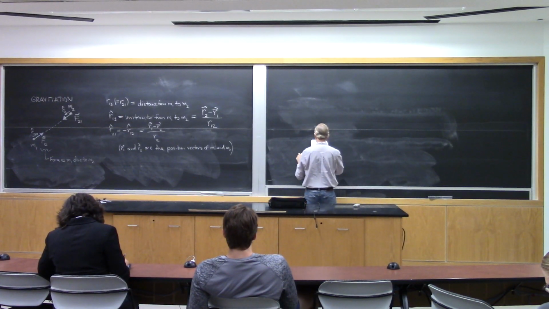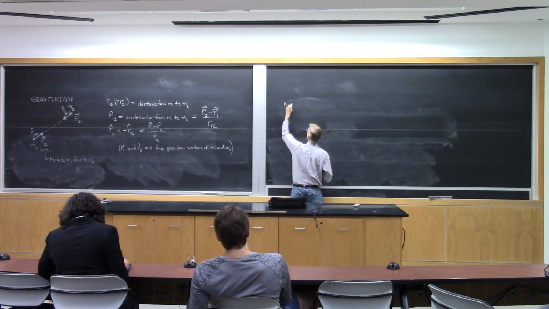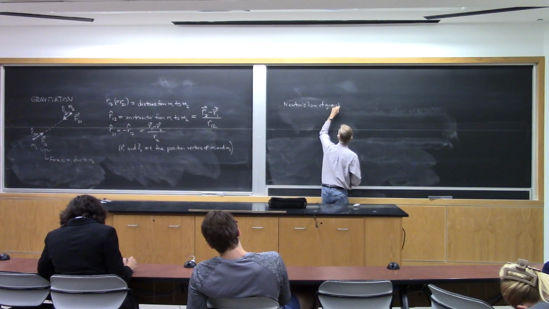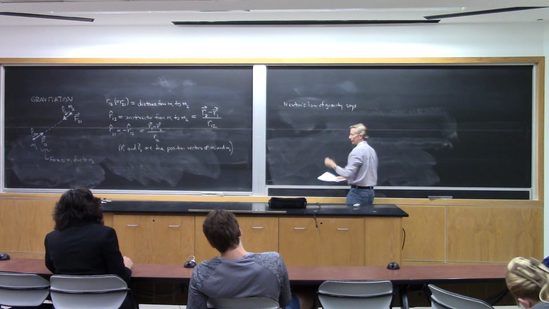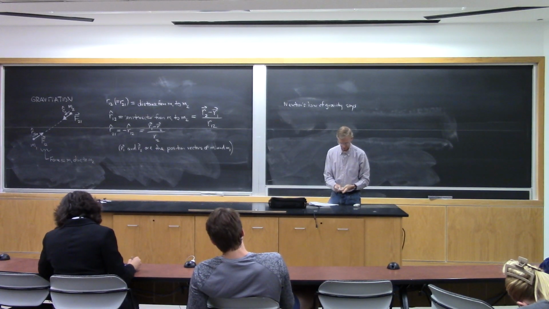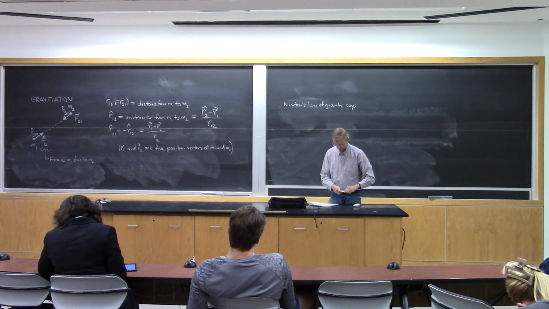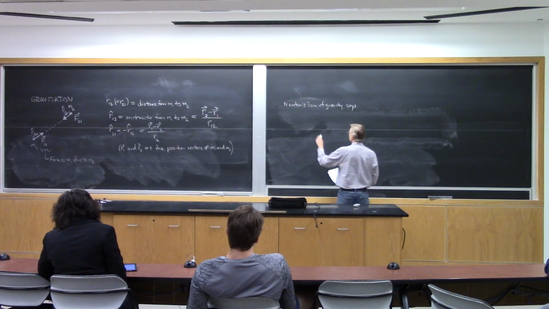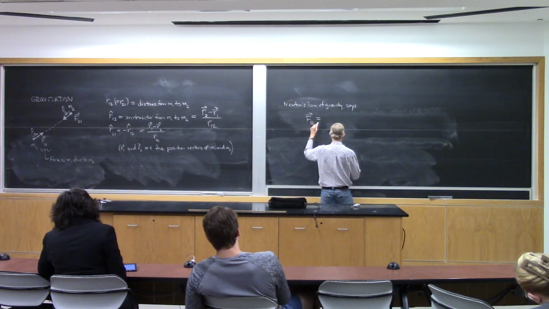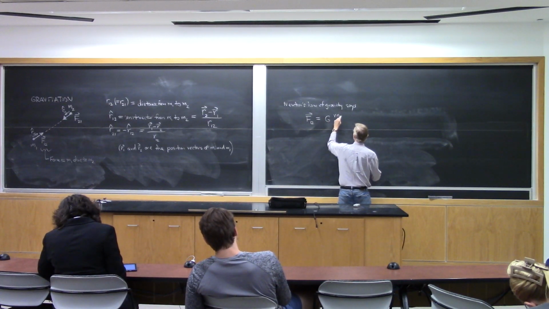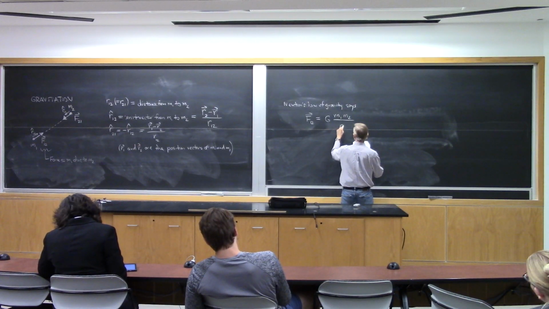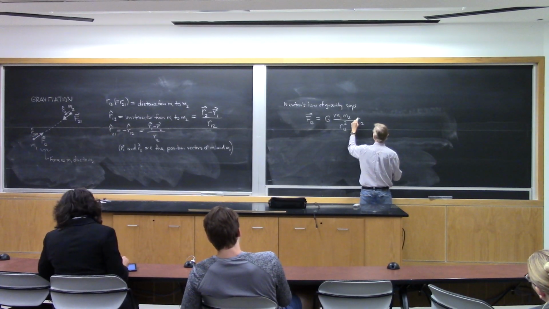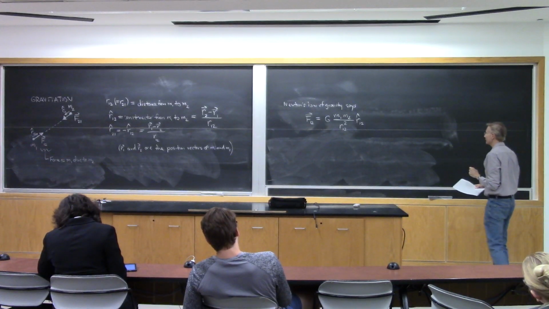Okay, so Newton's law of gravity says that F12 is equal to G M1 M2 over R12 squared times R hat 12, the force on 1 due to 2.